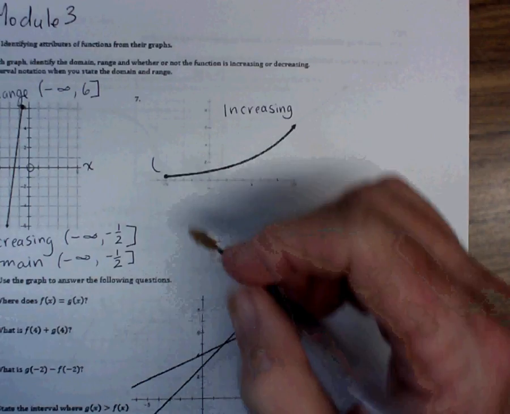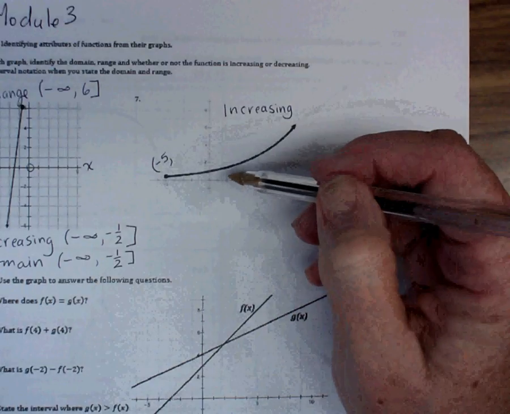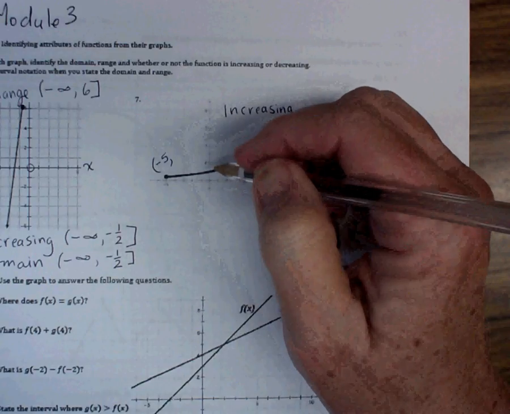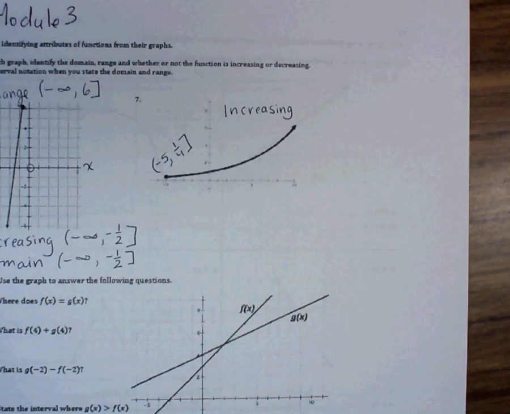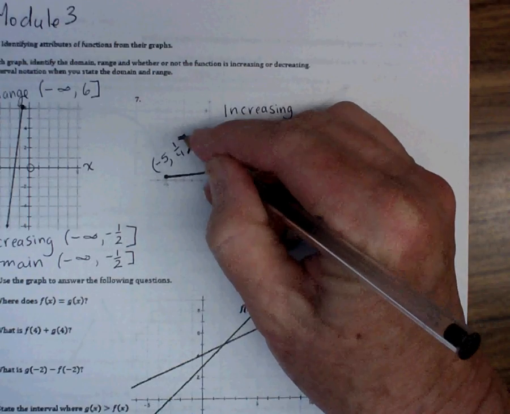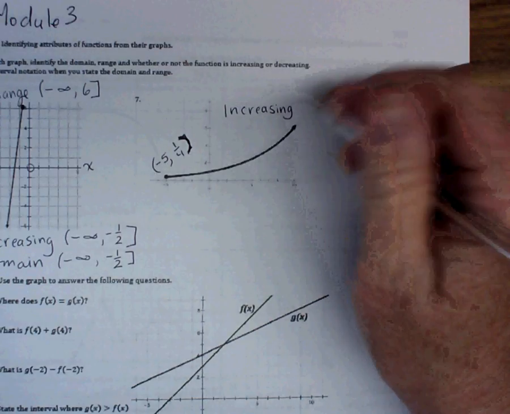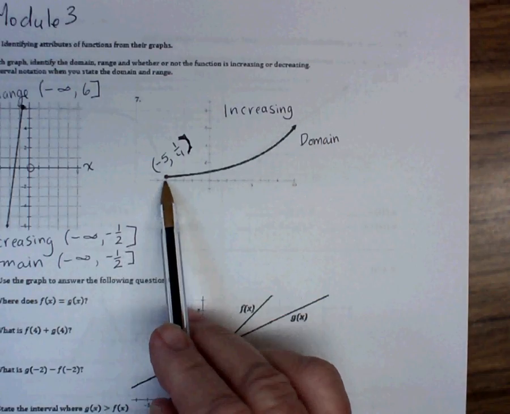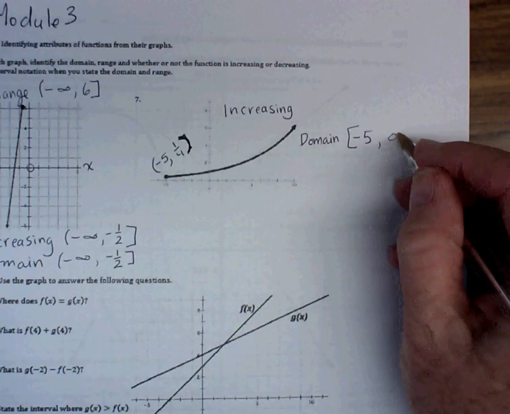I think that's a negative 5, and it's not right on 0, I'm going to say 1/4. This is just the point negative 5, 1/4, and it goes on forever. So if I'm talking about my domain, I'm looking at my x values, and it starts at negative 5 and goes on forever, infinity.